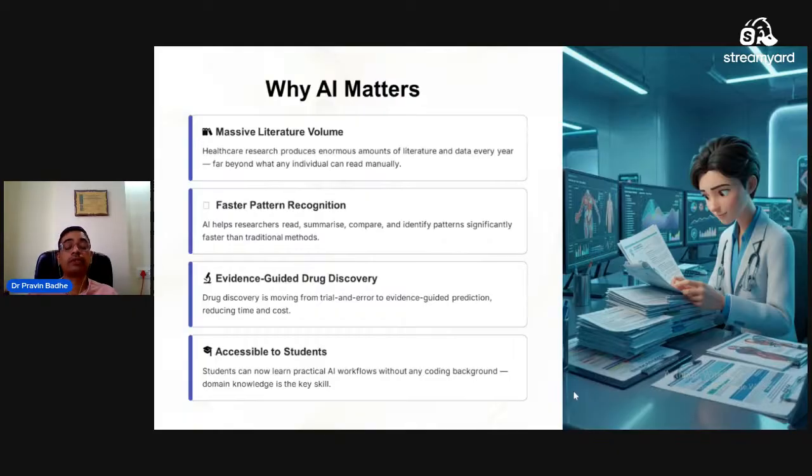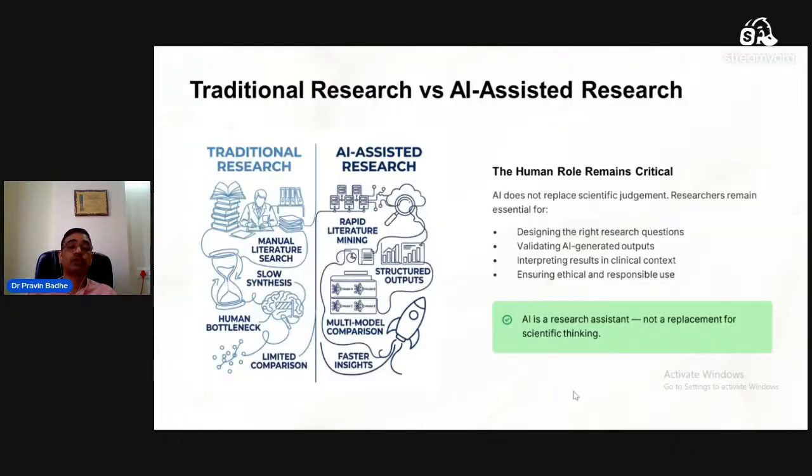That key skill will be utilized. So I will be showing you the non-coded tools that we have been developing at Solar Biotech, which you can access. And we have also upgraded to agentic AI as well. Now I will show you that as well.